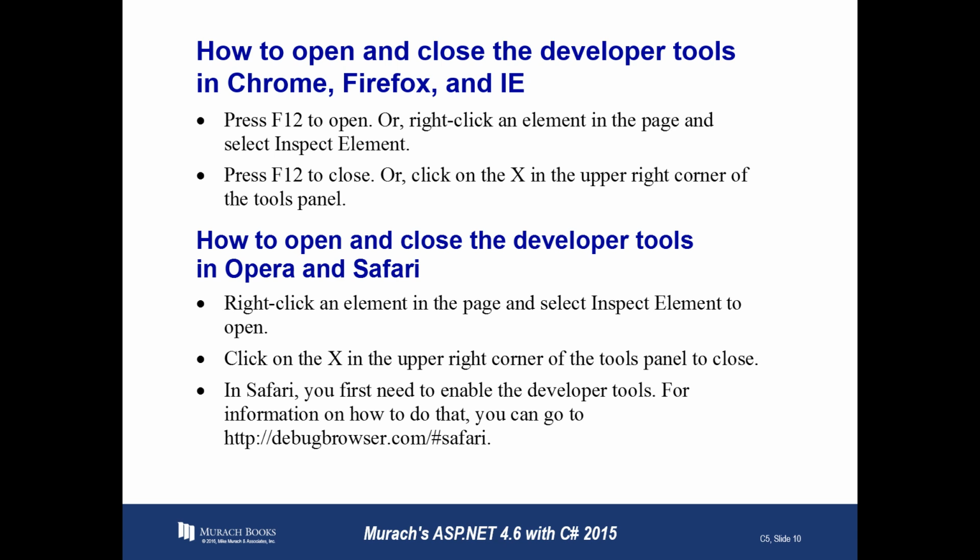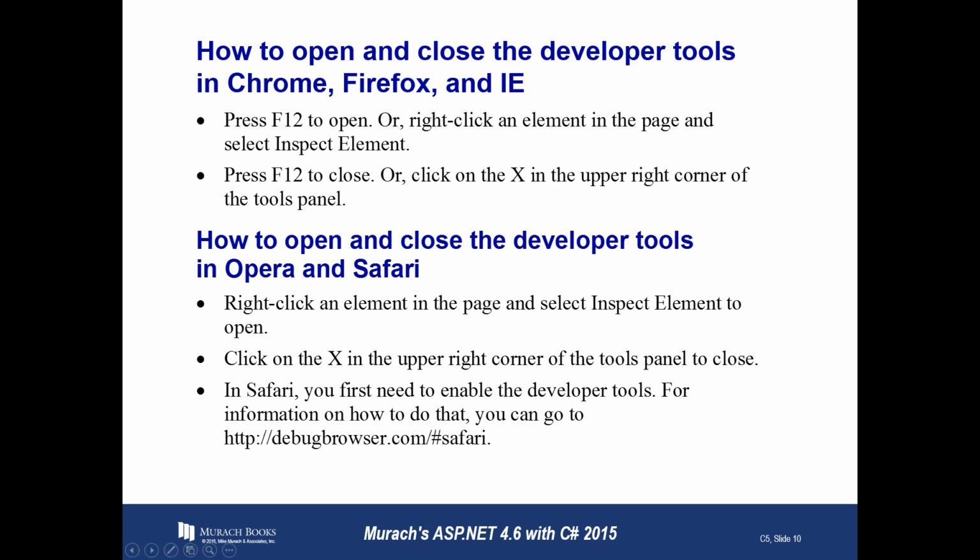And you'll notice that with all of them, the easiest way to open the developer tools is to press your F12 function key. You press it to open and it's a toggle. You can press it again to close. Or if you've got a web page up and running, you can right mouse click on an element of the web page and choose Inspect Element.